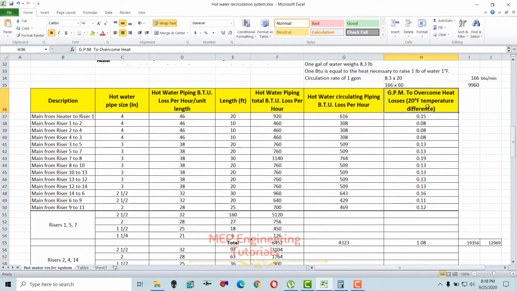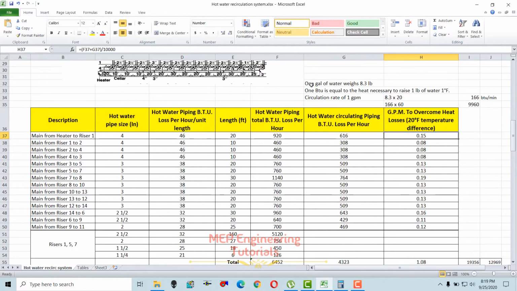So based on 20°F we calculate the GPM to overcome the heat losses. How will you get this one? You just add these values, that is the hot water piping plus the hot water recirculation piping, divided by 10,000. You will get the GPM. So how did I get this 10,000 value? I will tell you also how I get this 10,000.